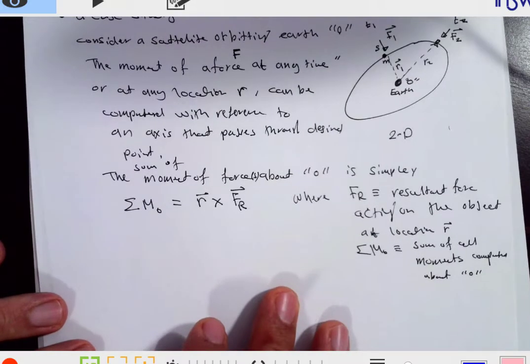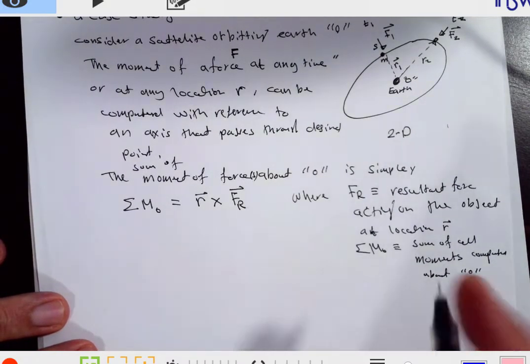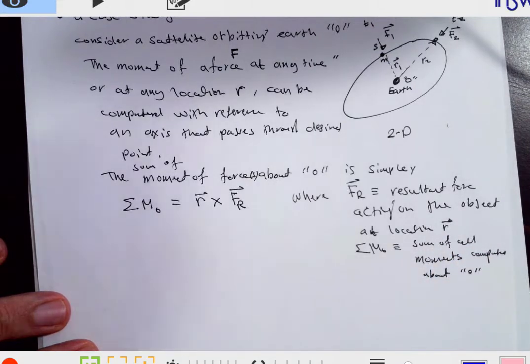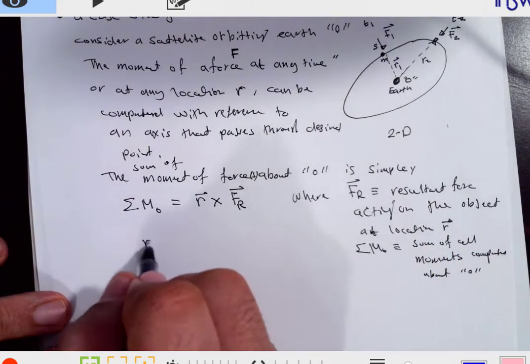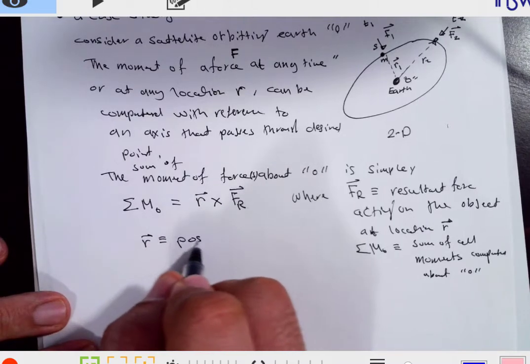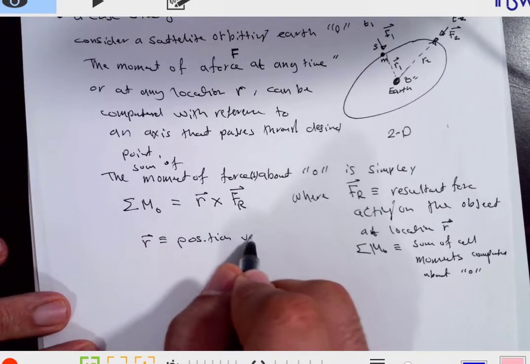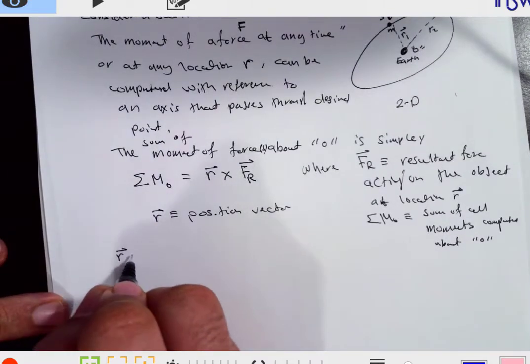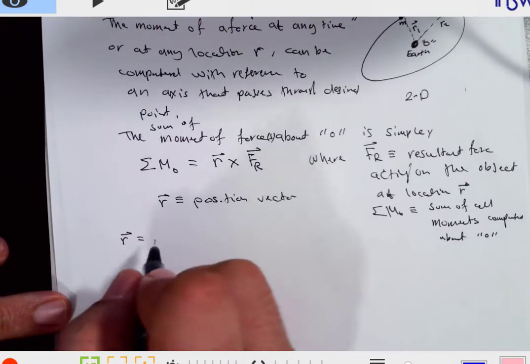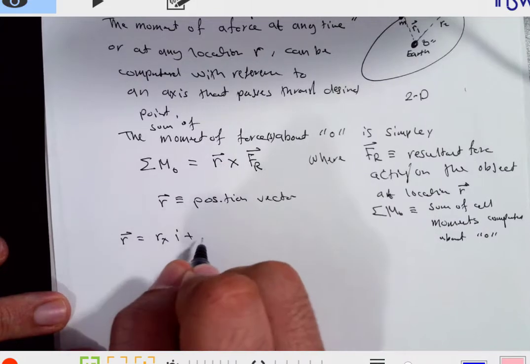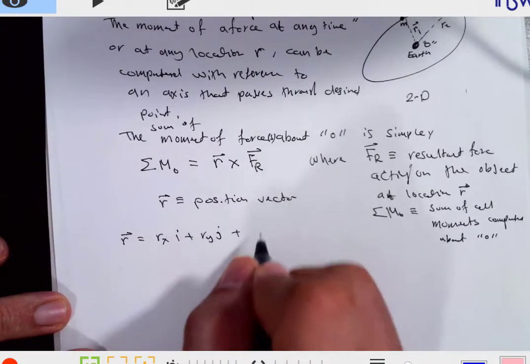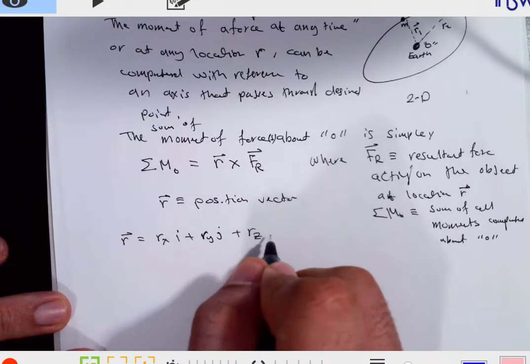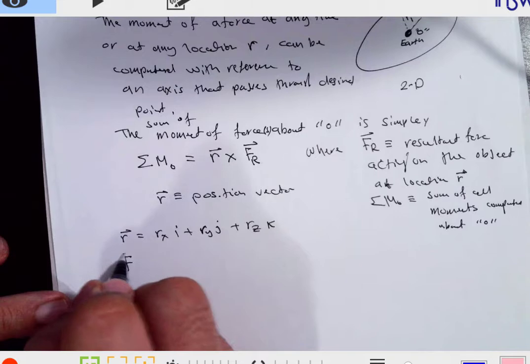Great. Now we know these are vectors, right? And the location is a vector, a position. So R is the position vector. Now I can write these position vectors in component form, Rx i plus Ry j plus Rz k, if I'm using a Cartesian coordinate system, as well as the resultant force.